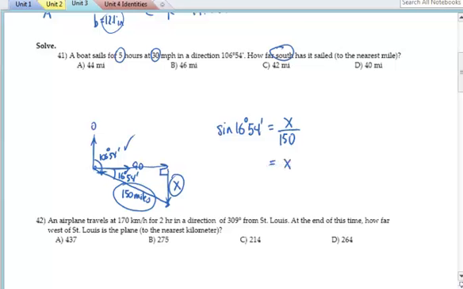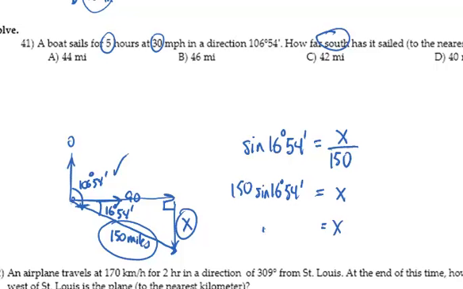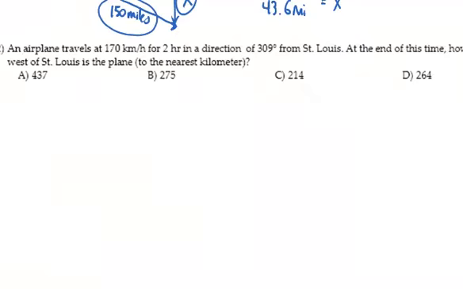I cross multiply and get my answer, which is 43.6 miles. Because it's the nearest mile, we'll choose 44 miles.